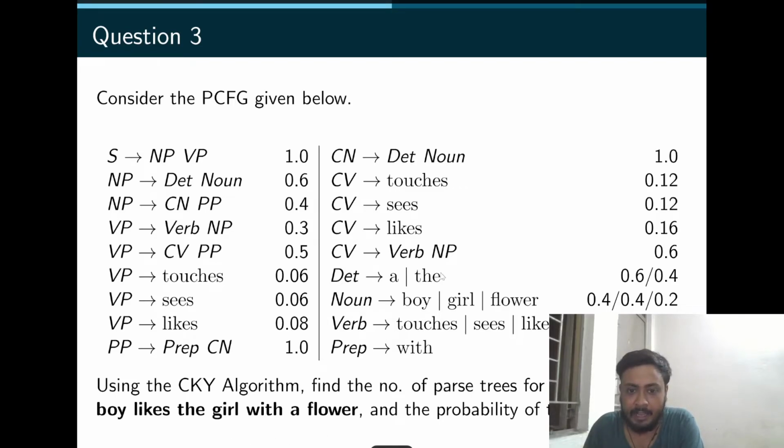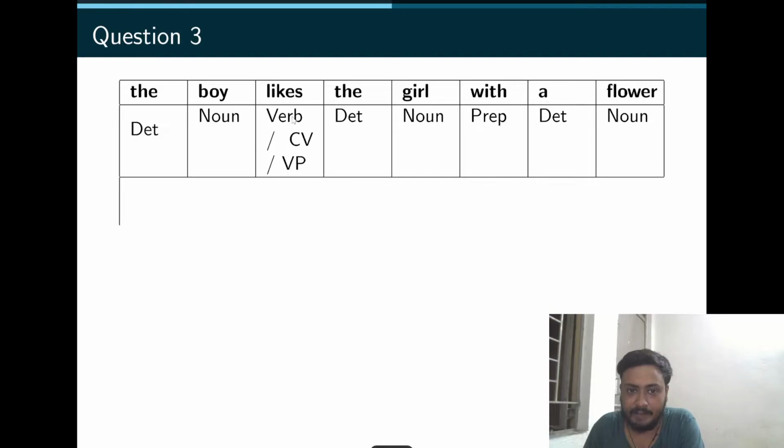Then boy comes from noun. Likes is interesting because likes comes from verb. Likes also comes from VP, and it also comes from CV. That is why we have to write down all the options. Okay, and then we do it for the rest of the string. So this step is straightforward. You just write down all the possible non-terminals that yield these terminals. This is the first step.